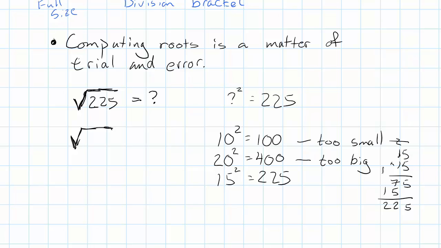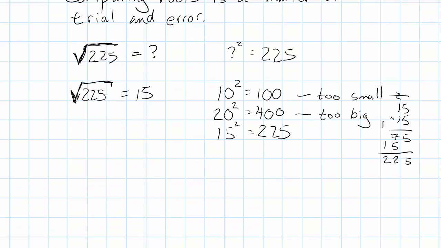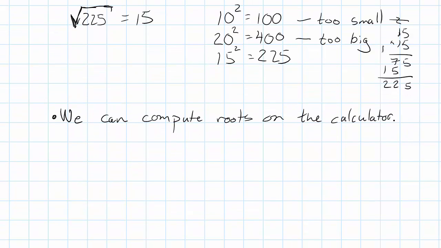So the square root of 225 equals 15. And that's it. It really is just a process of guessing. Now, that can get really tedious. So instead, we can compute roots on the calculator. And I'm going to show you several examples.